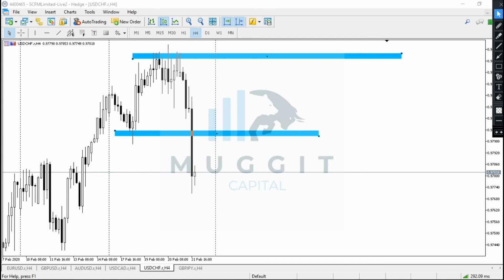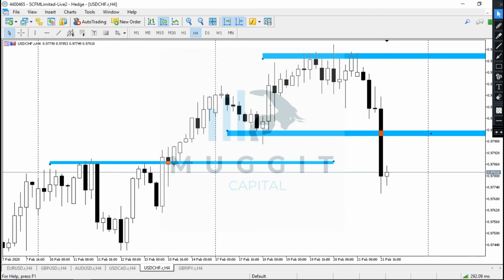Let's take an example of here. What exactly happened here? You see, price came, tested, then pushed lower, then it came and broke the zone. Then it formed this candle, then there was a bullish candle.